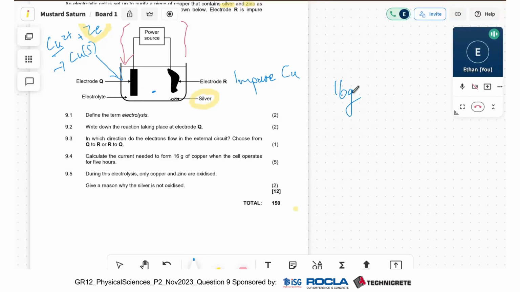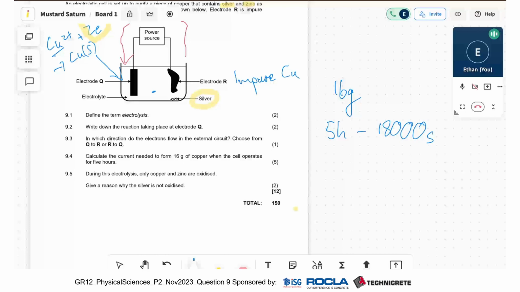So 16 grams, 5 hours is the same as multiplying by 60 to get it in minutes. 300 minutes multiplied by 60 again is the same as 18,000 seconds.